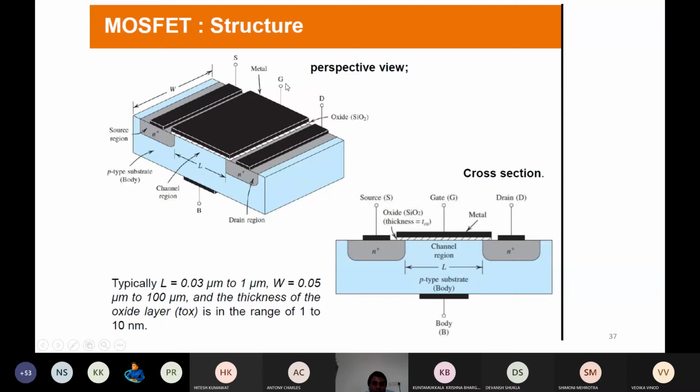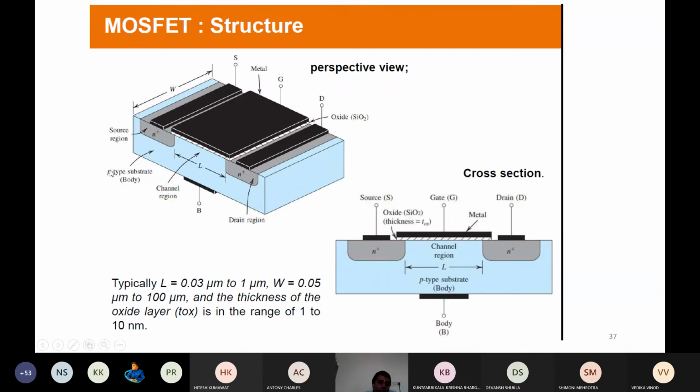Unless the gate voltage is more than the threshold voltage for an N channel MOSFET, no channel will be present. Initially there will be some depletion region and no flow of current is possible, but after proper biasing it is possible that we can get the current.